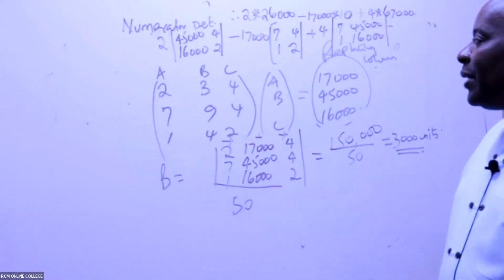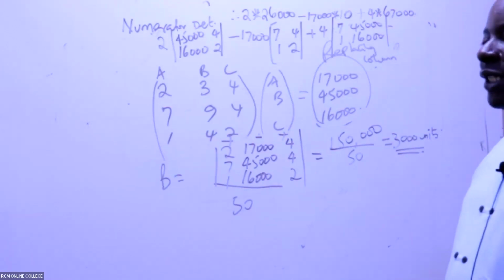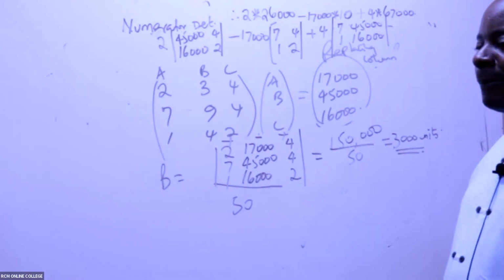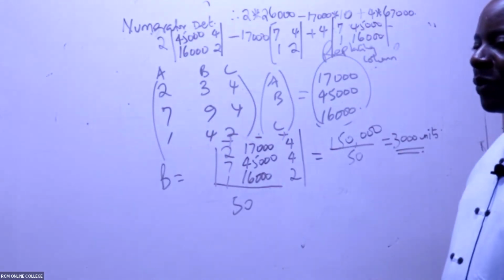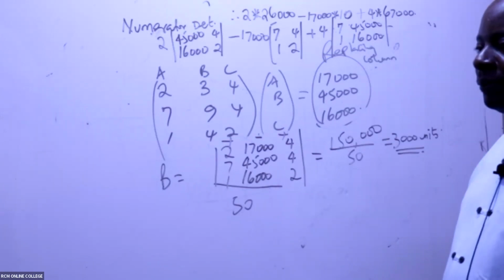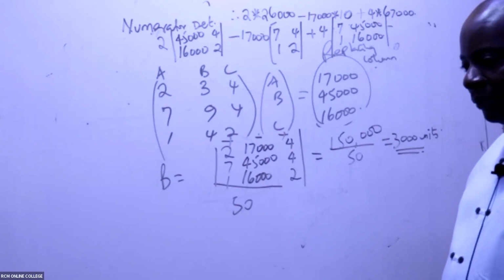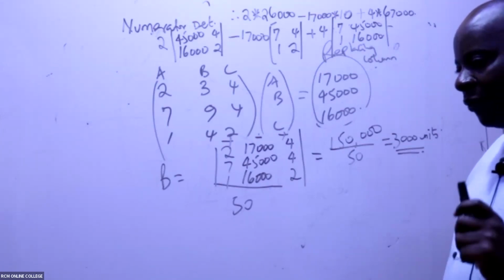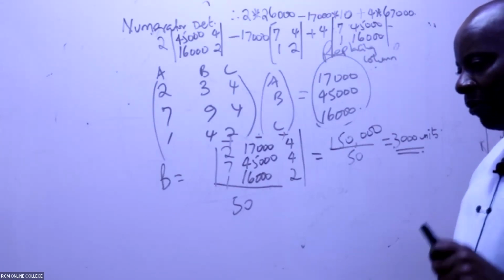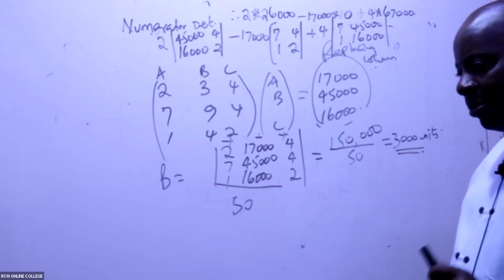So anybody who has been able to finish this and they have been able to give us the value of C? The moment you understand that if you are after C, then the column of C must disappear.